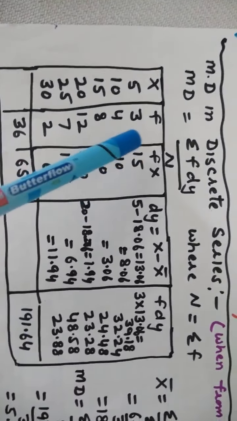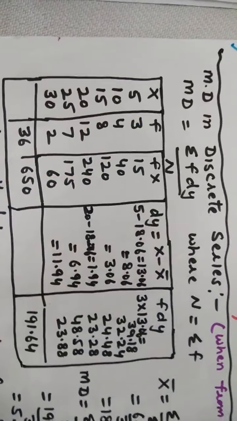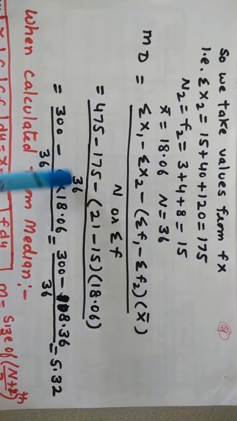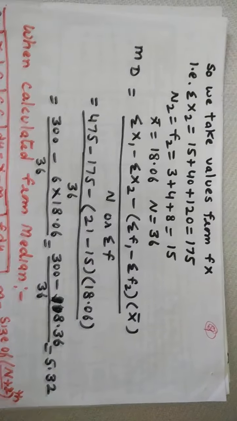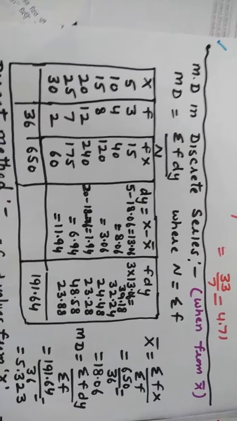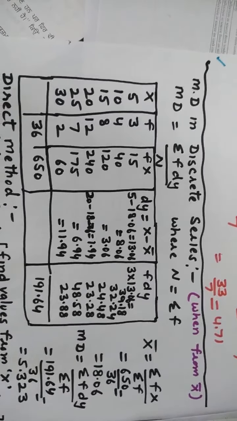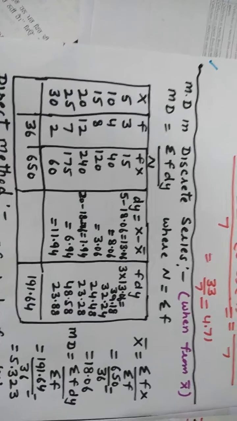These are values less than 18, 3 plus 4 plus 8. By putting all these values in the given formula, we get mean deviation 5.32. By comparing the direct method and the deviation method, we find that the deviation method is less time consuming. So always prefer to use the deviation method to calculate mean deviation in place of the direct method.